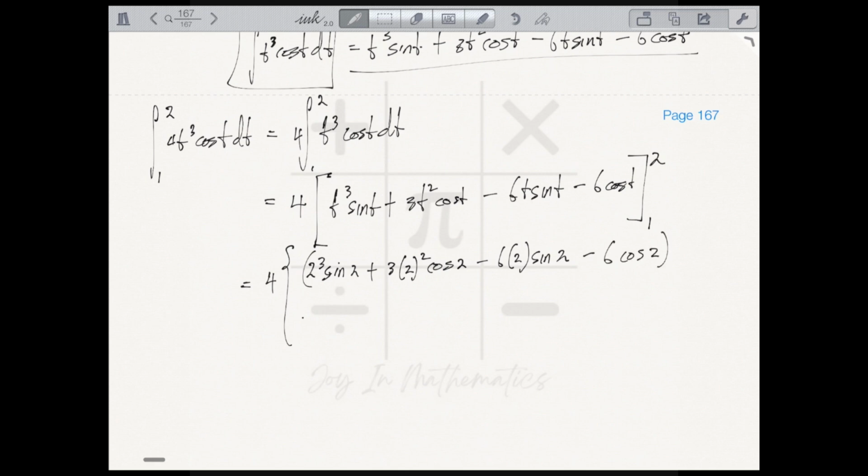Now this will be subtracted from the lower limit of 1^3 sin 1 plus 3 into 1^2 cos 1, minus 6 into 1 sin 1 minus 6 cos 1. So when we use our calculator to simplify this, we get our final answer as minus 1.223, approximately to 4 significant figures.